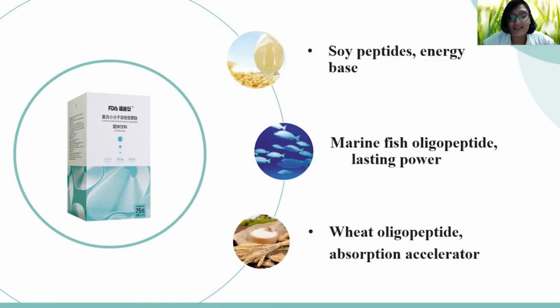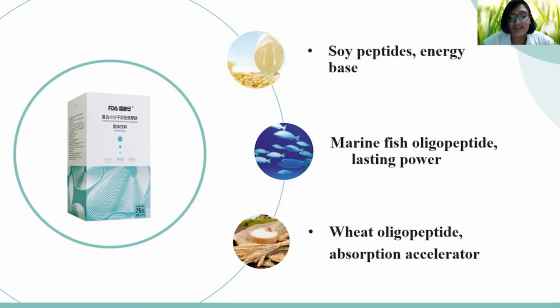Not only that, it also repairs various damaged tissues. Third is wheat oligopeptide, produced through enzyme purification technology. It's extracted from wheat. It dissolves quickly and is free from impurities or precipitation.